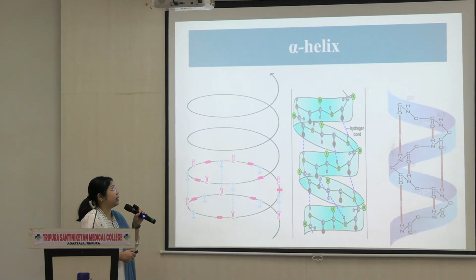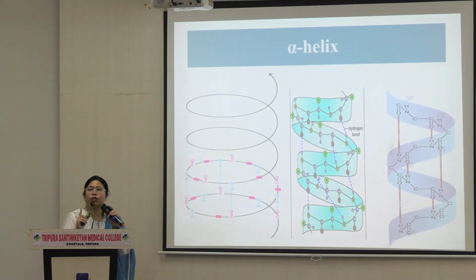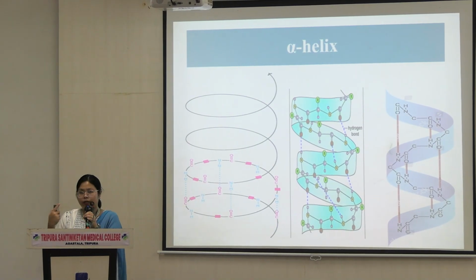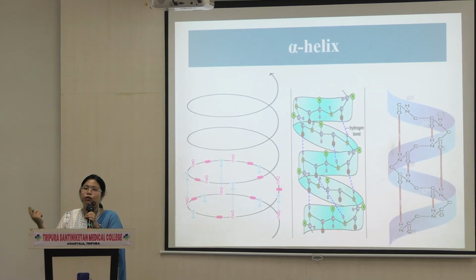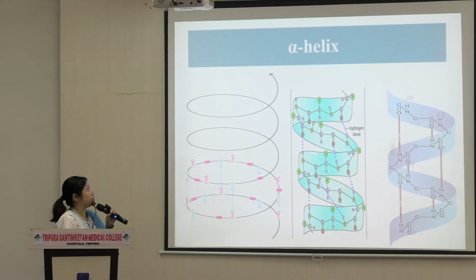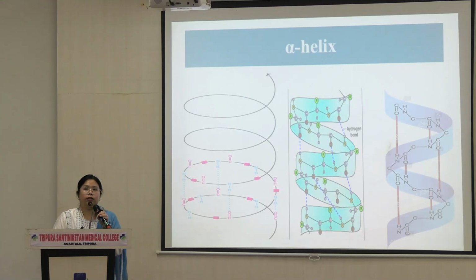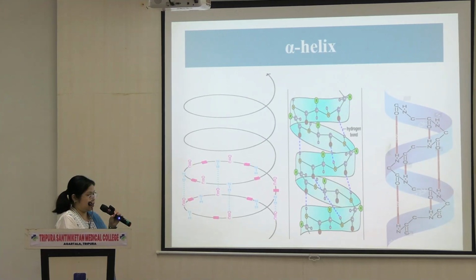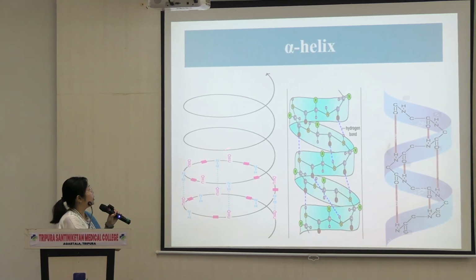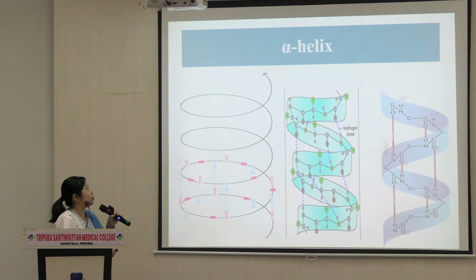So, right off the bat, you will see that the R group of the amino acid, you remember the structure of amino acid, there is an NH2 group, then there is a carboxyl group, there is an R group, right? So that R group is projecting outwards. The way that these bonds are arranged, it looks like a helical structure or a coil, like these, okay? So there are hydrogen bonds. You see there is a hydrogen bond over here.